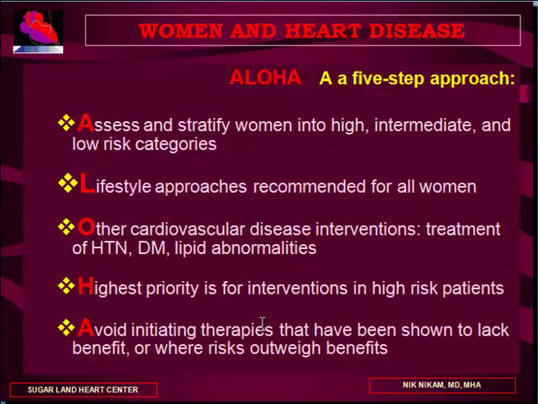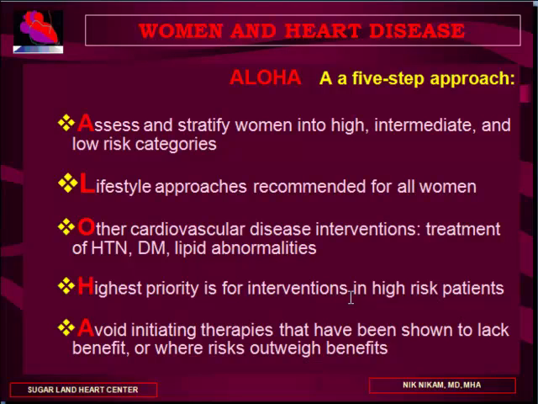Aloha is a 5-step approach where first we assess the risk of heart disease. Number 2, lifestyle approaches are recommended for all women. The other cardiovascular conditions such as hypertension, diabetes, lipid abnormalities must be addressed simultaneously. Highest priority for interventions in high-risk patients.